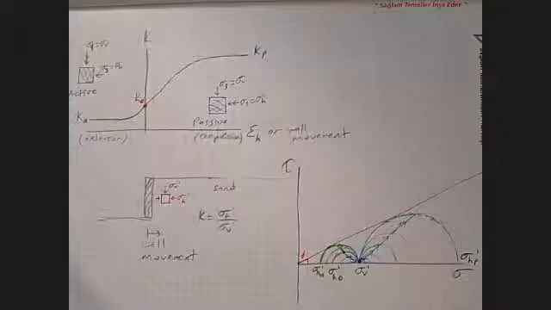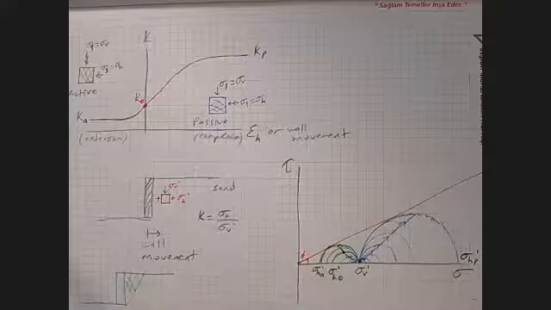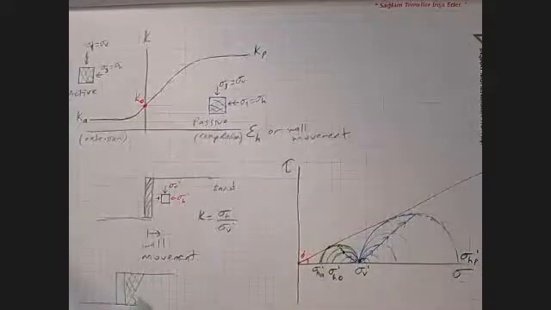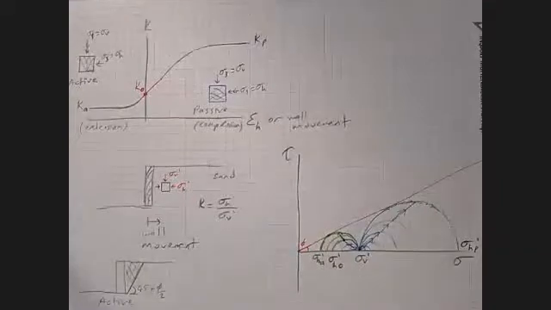So actually, in case of a wall, what you are going to see in the active state would be failure planes like this. Here is 45 plus phi over 2 from horizontal. So this is your active state or active failure mode.